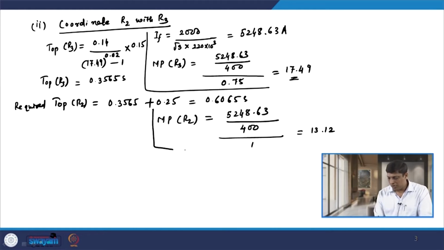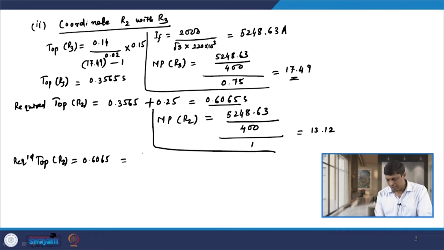If I use this value, we can have the required time of operation of relay R2, which is 0.6065, equal to 0.14 divided by MP, that is 13.12 raised to 0.02 minus 1, into TDS.